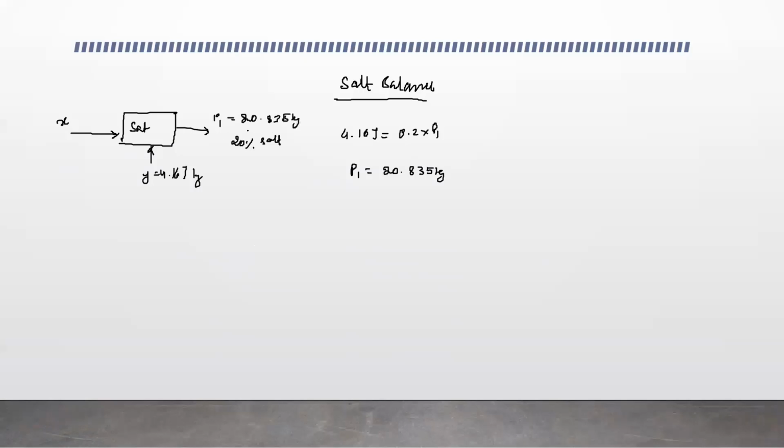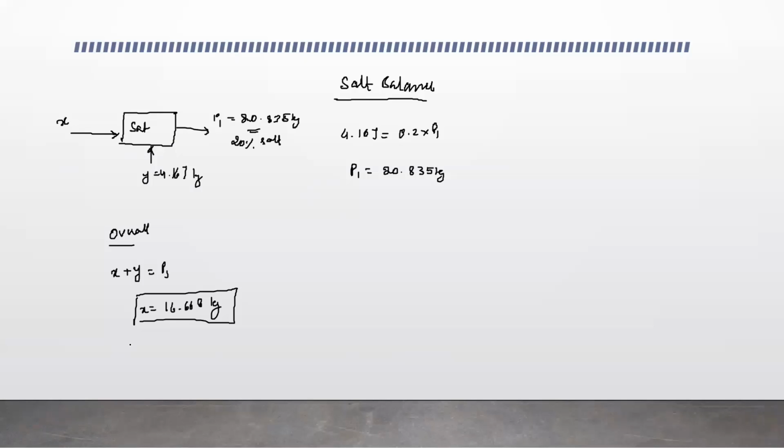Now when we do the overall material balance for the saturator, we get X plus Y is equal to P1. P1 is 20.835, and when we subtract 4.167 from it, we get X as 16.668 kg. This is our X.